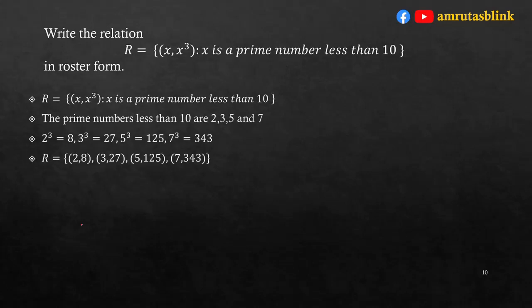So we can write down R as 2 related to 8, 3 related to 27, 5 related to 125 and 7 related to 343. So there will be 4 pairs in relation R as (2, 8), (3, 27), (5, 125) and (7, 343). Again, it's a very simple problem.